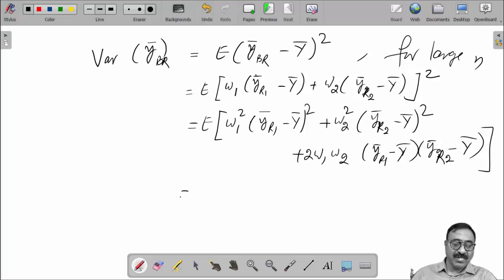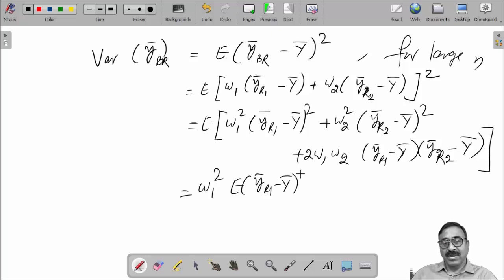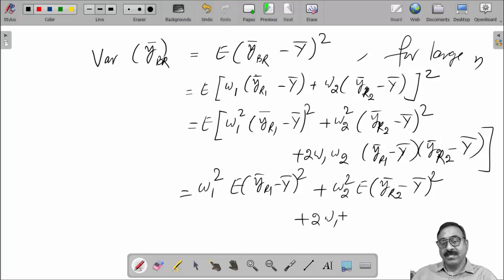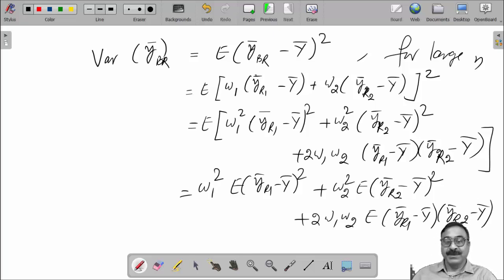So this will be equal to W1 square expectation of (Y R1 bar minus Y bar) whole square plus W2 square expectation of (Y R2 bar minus Y bar) whole square plus 2 W1 W2 expectation of (Y R1 bar minus Y bar) into (Y R2 bar minus Y bar).